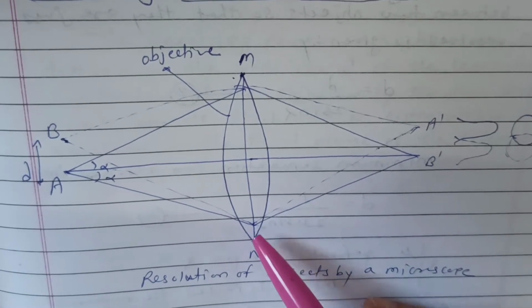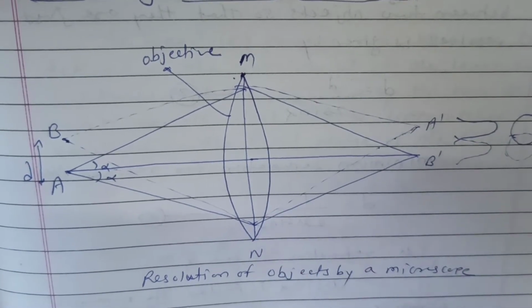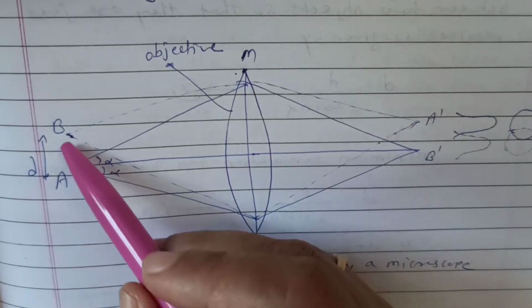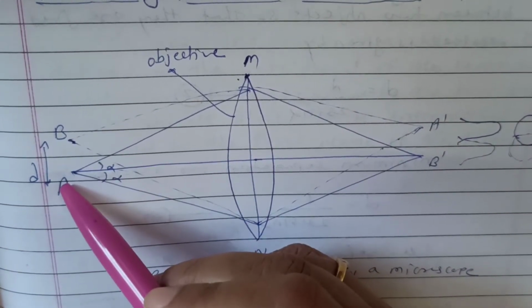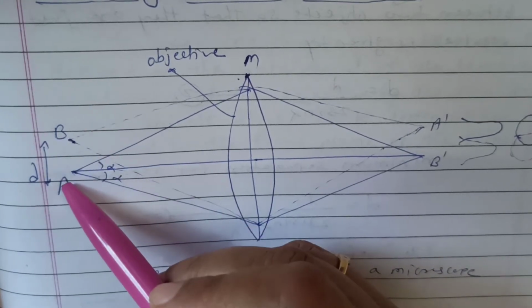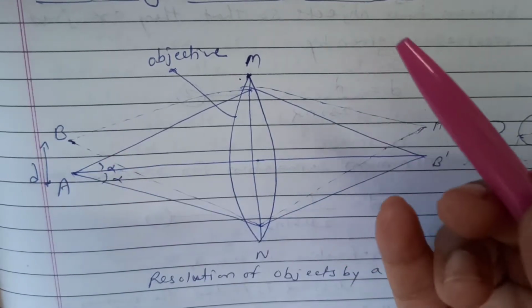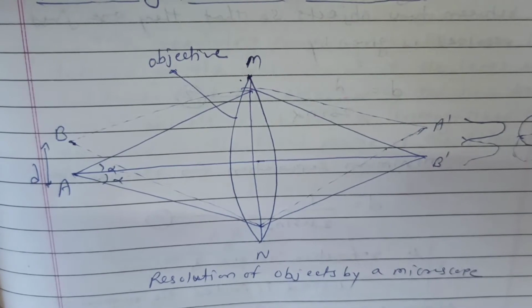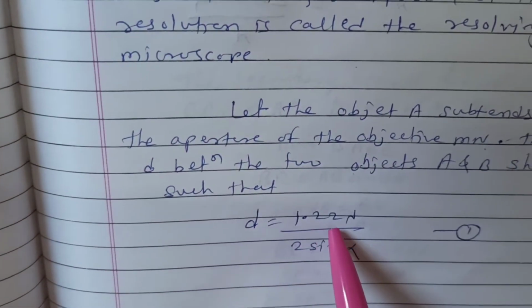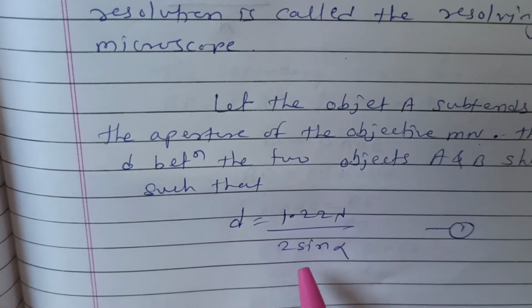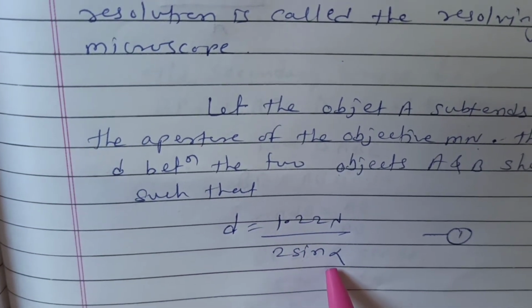Then for the condition of resolution, it can be shown that the separation small d between these two objects A and B should be such that small d equals 1.22 lambda upon 2 sine alpha.